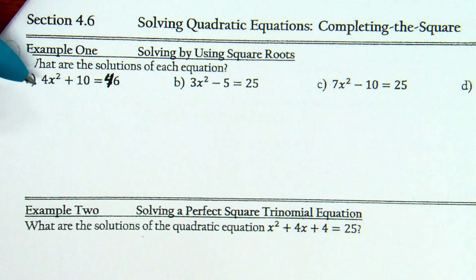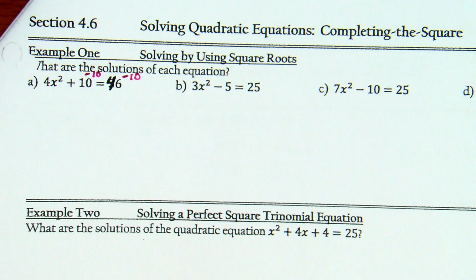And if it's 4x squared plus 10, the first thing you're going to want to do is to subtract 10. If you subtract 10 on the left, you're going to subtract 10 on the right. So then, 10 minus 10 cancels, and I have 4x squared equals 36.